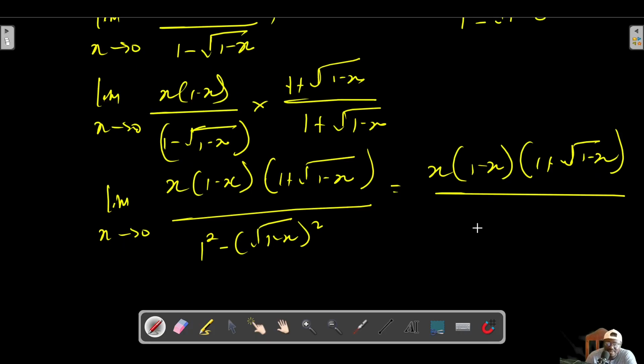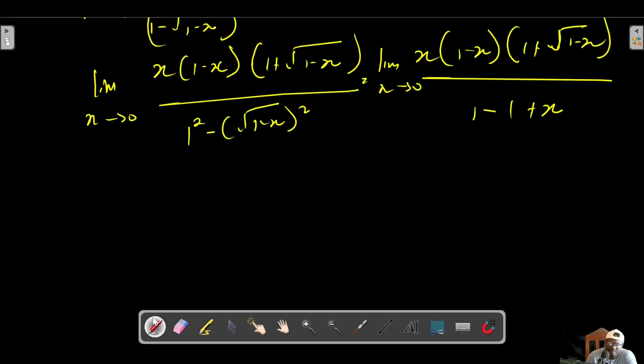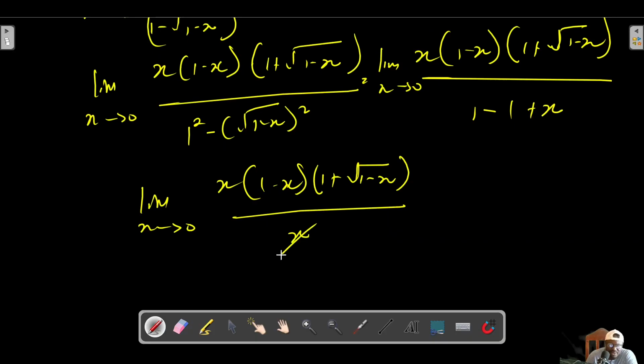Now the denominator becomes 1 minus 1 plus x. That is the limit of this expression as x is approaching 0. Then our denominator becomes x. So we can cancel out the x on the numerator and the x on the denominator. We end up with 1 minus x multiplying 1 plus root of 1 minus x.